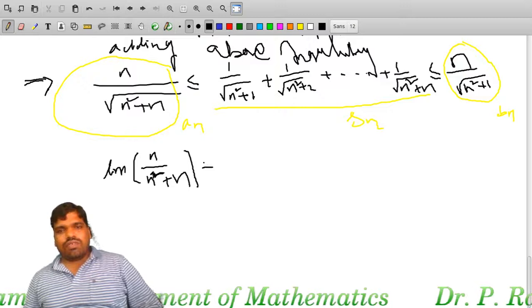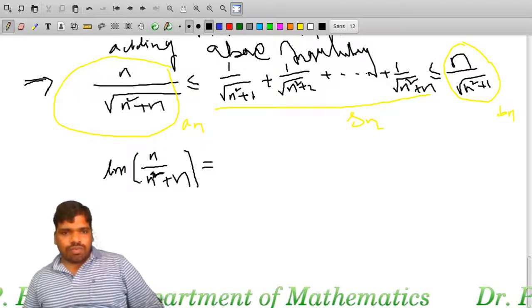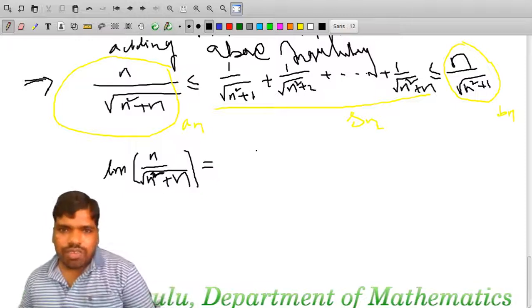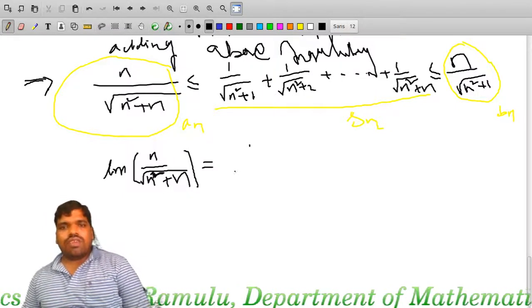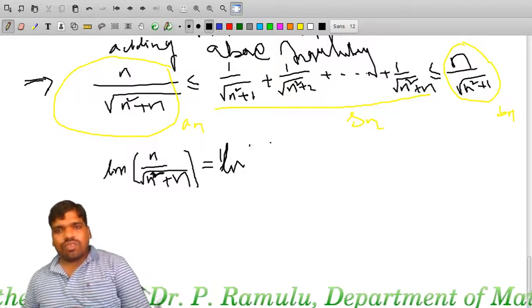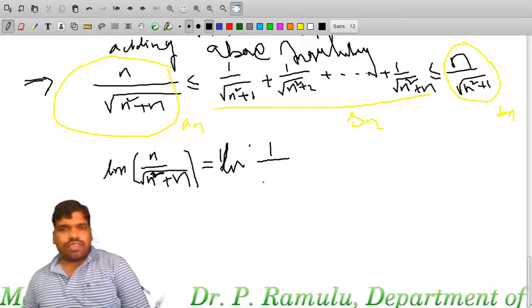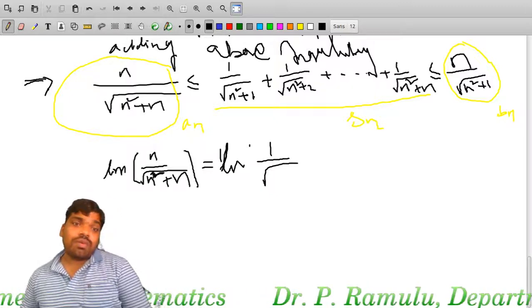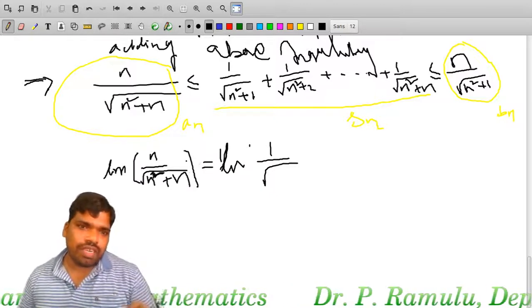That equals, here if I take n square common out from under the square root, the square root of n square will come, n will cancel out.